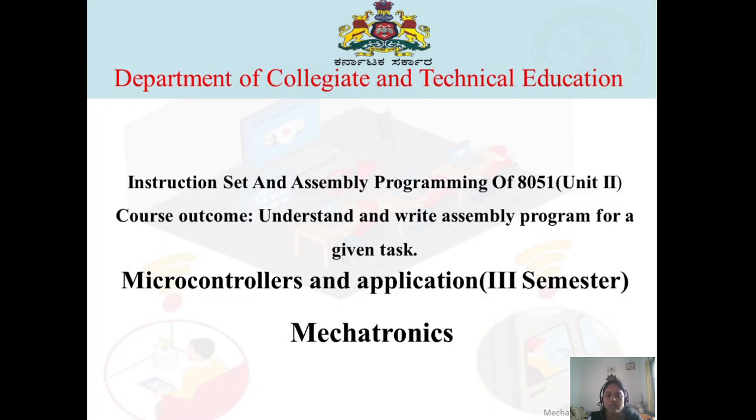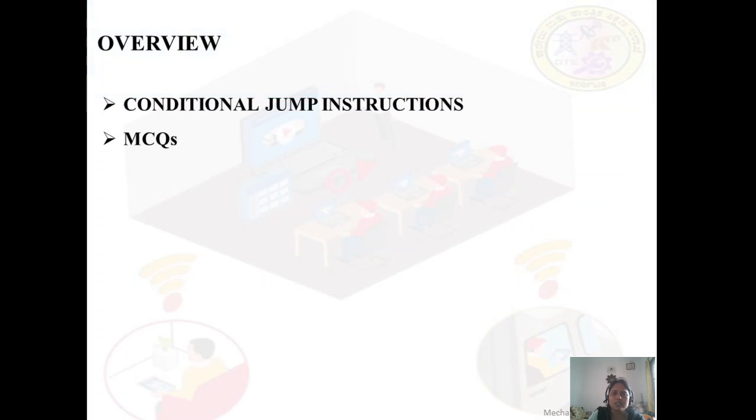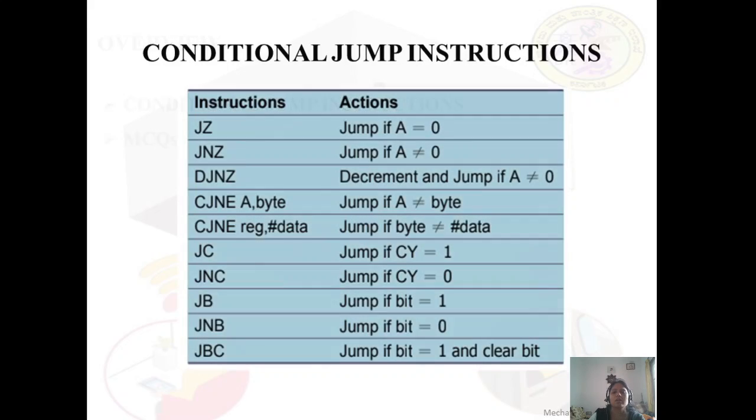What are conditional jump instructions? Generally, the conditional jump instructions are 2-byte instructions and these are short jumps, that is your SJMP. They are in the range from minus 128 to plus 127. So these conditional jump instructions are all short jump instructions.